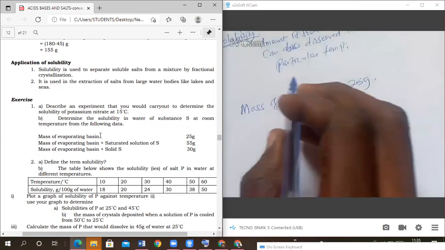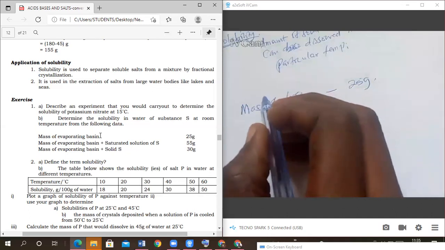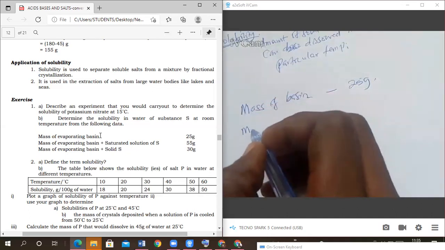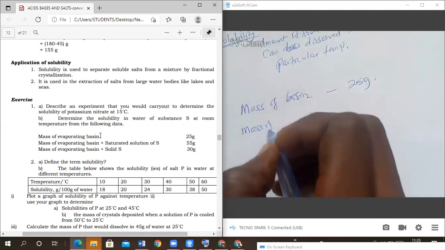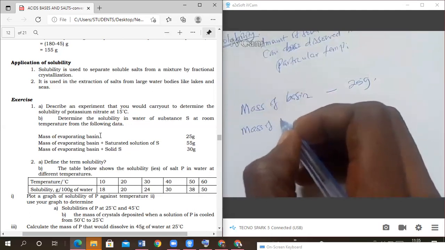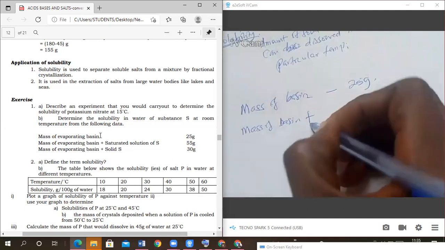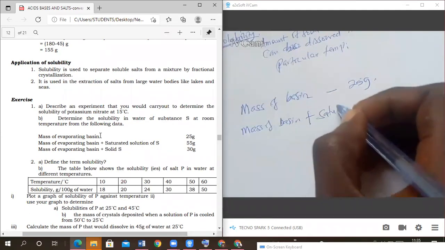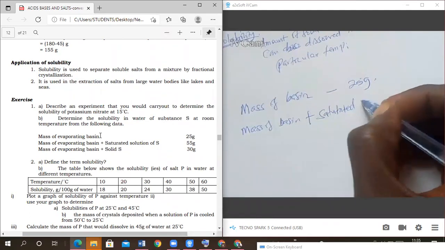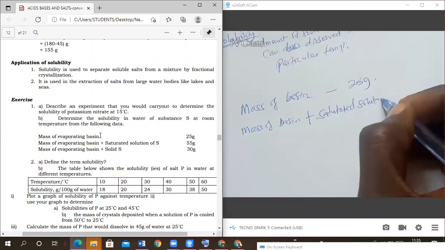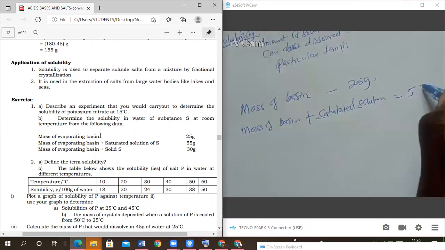Mass of the evaporating basin plus the saturated solution, which is 55.